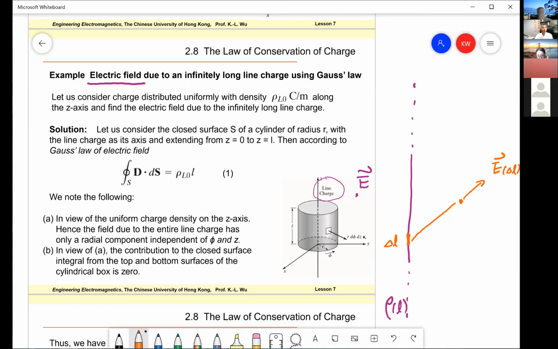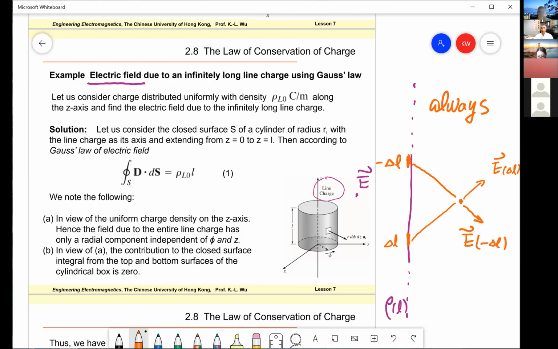Then I can always find another section, which I call minus dl, just to give it a name. This minus dl can also give a field. So this E is created by minus dl.